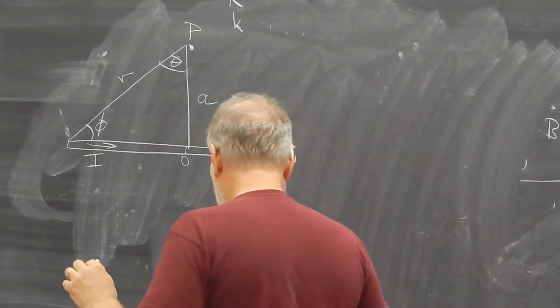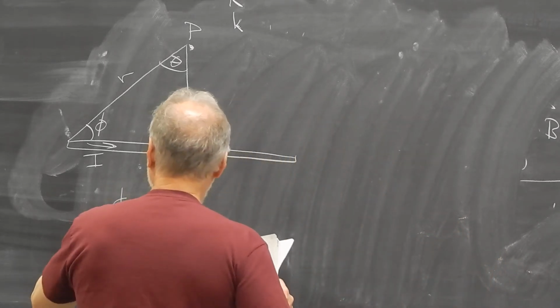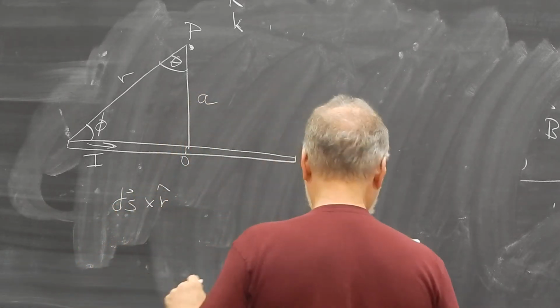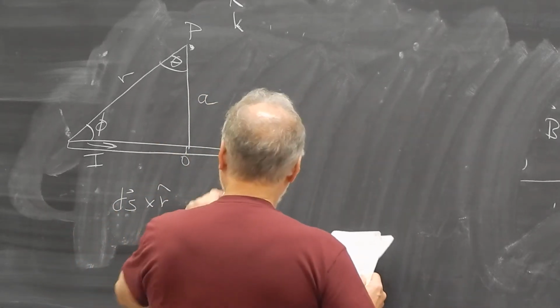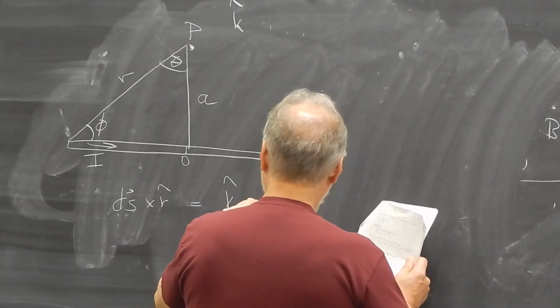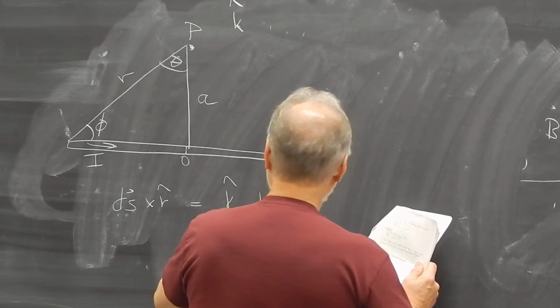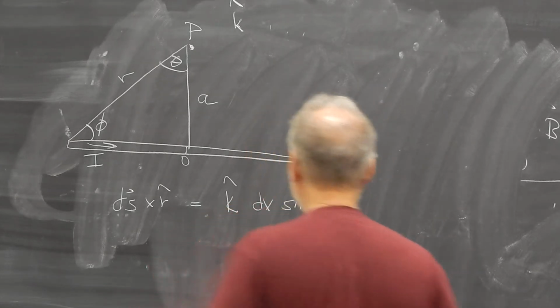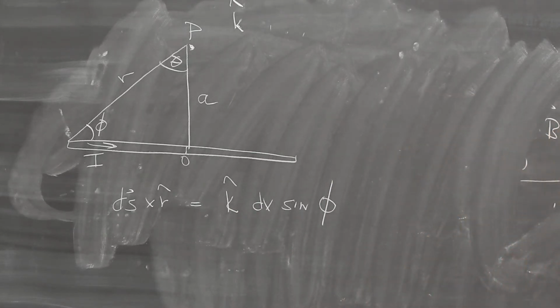So immediately we know that I can write ds cross r-hat, remember, r-hat is a unit vector, has magnitude 1. It's just going to be in the k direction, and it's just going to be equal to dx times the sine of phi. Very nice.